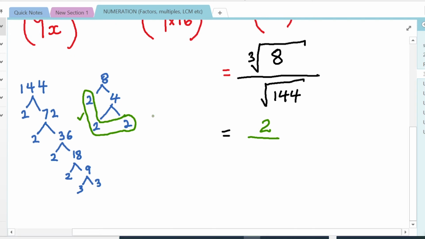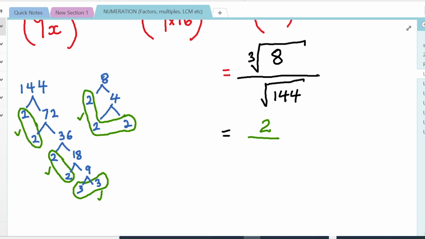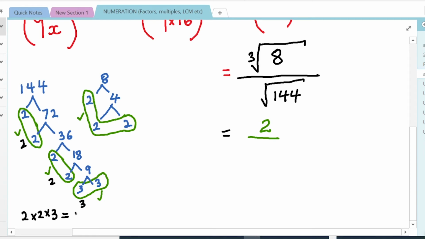So from there again, because it is square root, you group these numbers into 2s. Remember when it was third root, we grouped them into groups of 3. So this one, because it's square root, we group them into 2, and then you just pick 1 in each group. So it means this is going to pick a 2 here, pick a 2 here, pick a 3 here. So it becomes 2 times 2 times 3, which is going to give us 12. Because 2 times 2 is 4, 4 times 3 is 12. So that's how we end up having here. Divide that by the square root of 144, which is 12.